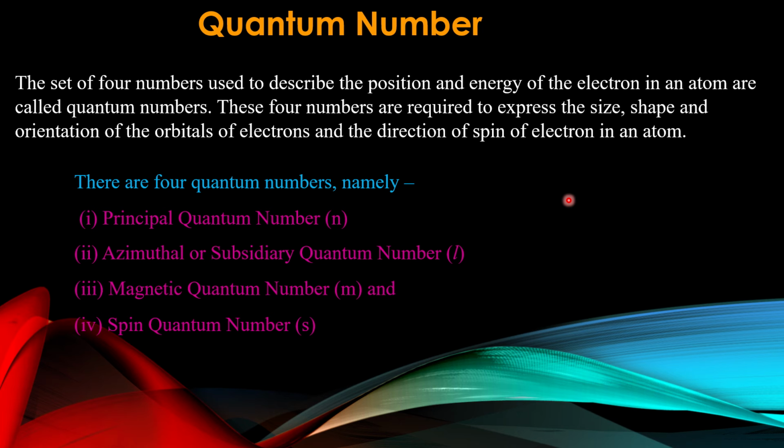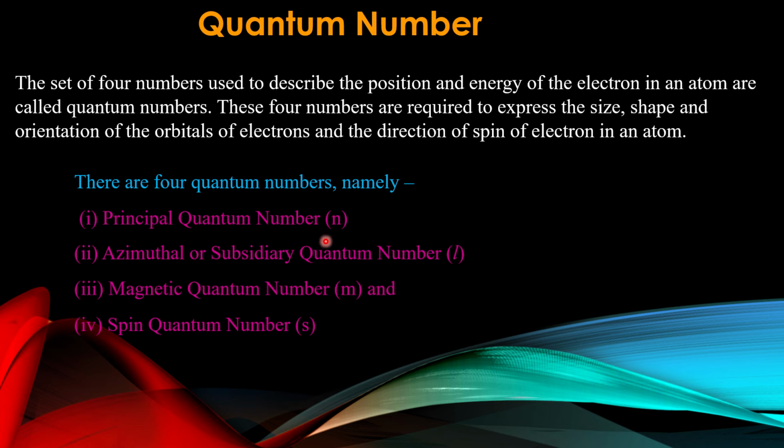You know, in every orbital there are 2 electrons and one electron rotates clockwise and another electron rotates anti-clockwise. So, spin quantum number describes the spin of the electron. Last class we have explained principal quantum number and subsidiary quantum number.